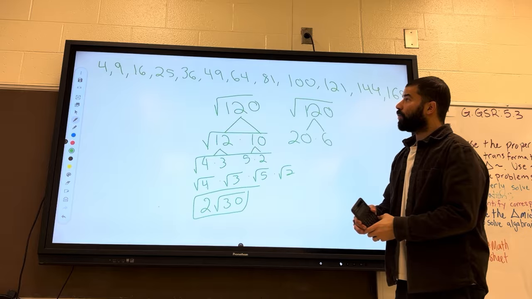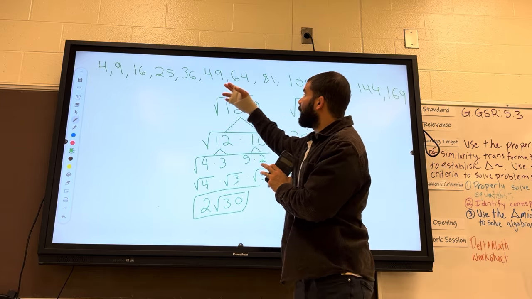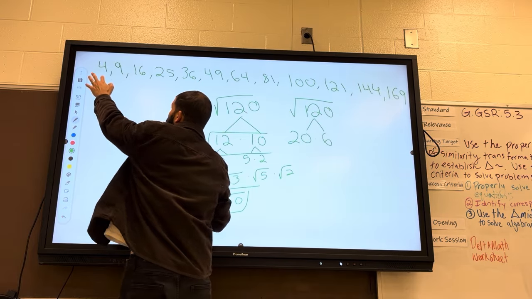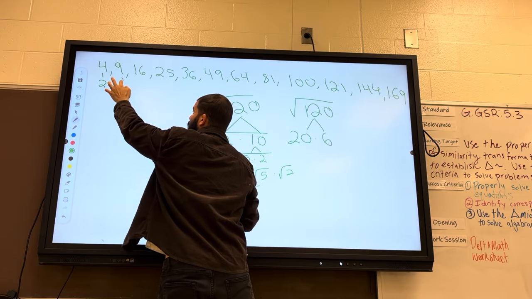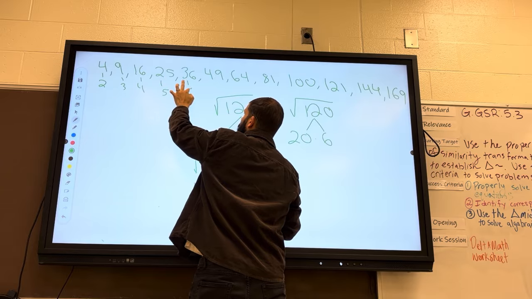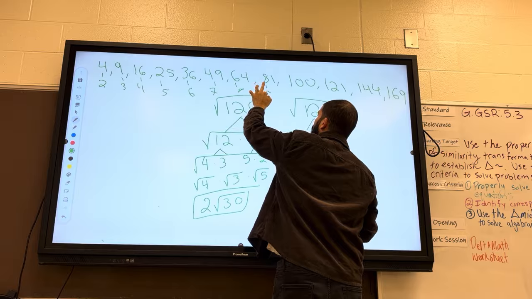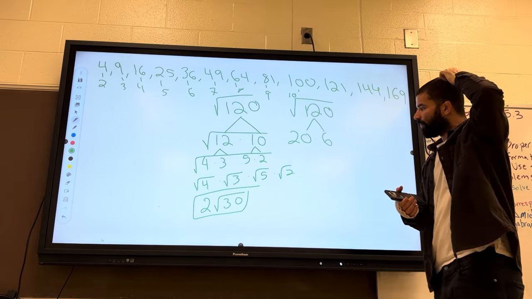Boom. So every time you get in here, the first thing you have to check is these. They're easy multipliers. When you square root this, 2, and we found that right here. When you square root this, 3, square root this, 4, 5, 6, 7, 8, 9, 10, and on and on and on, right?